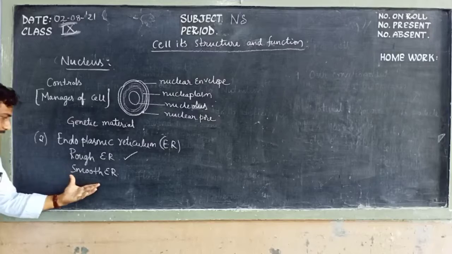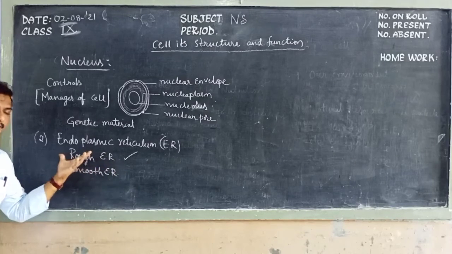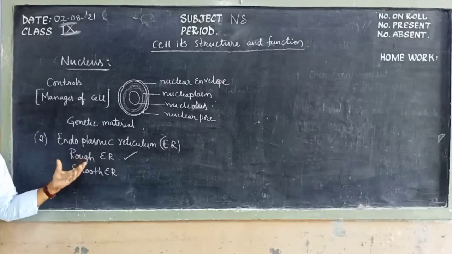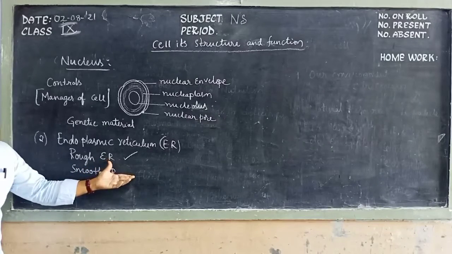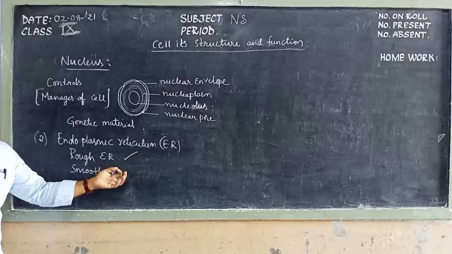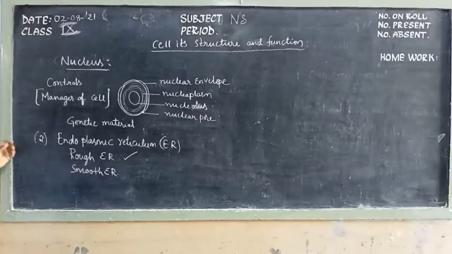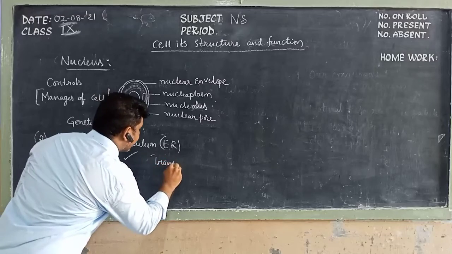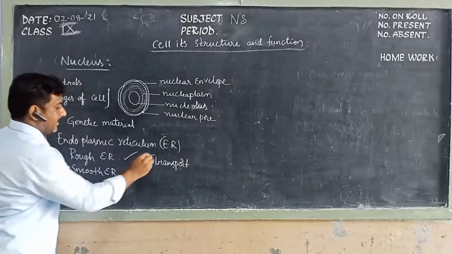Next, smooth endoplasmic reticulum does not have any ribosomes, so instead of proteins, it transports lipids, which are minute molecules of fats. So the endoplasmic reticulum acts as a transporter, transporting material.